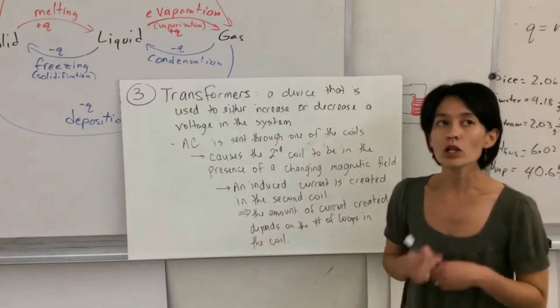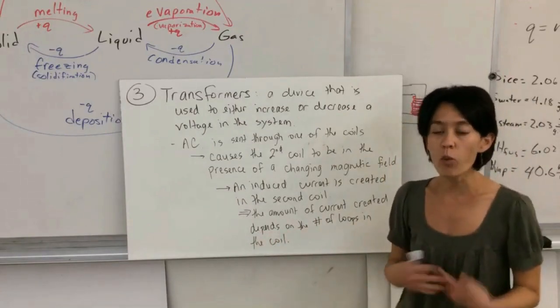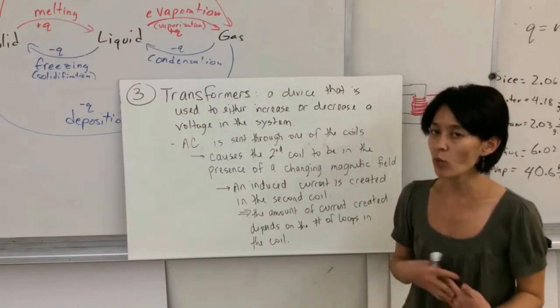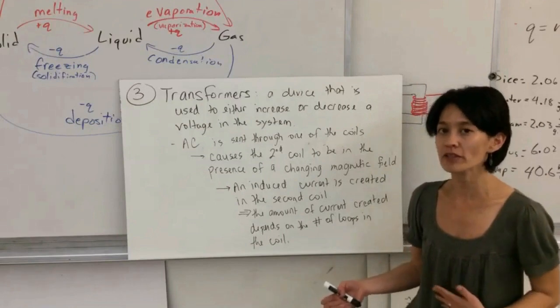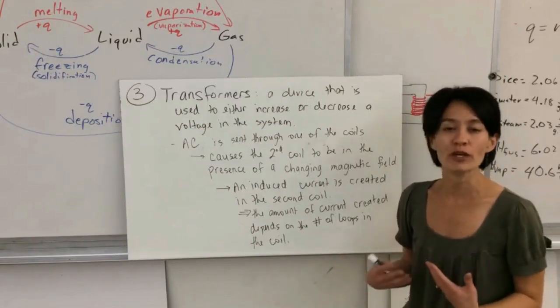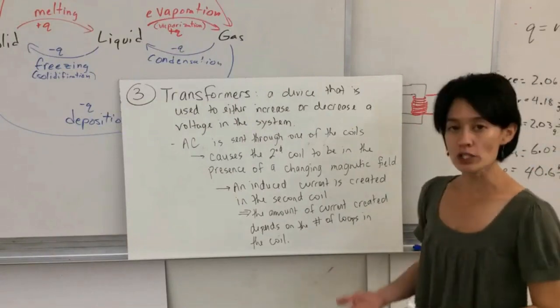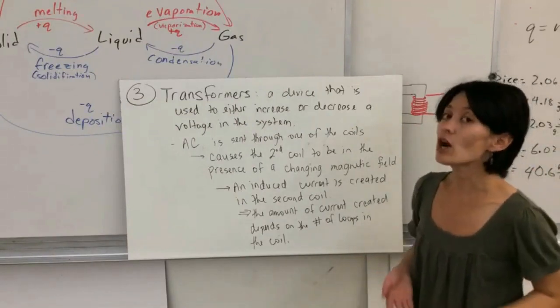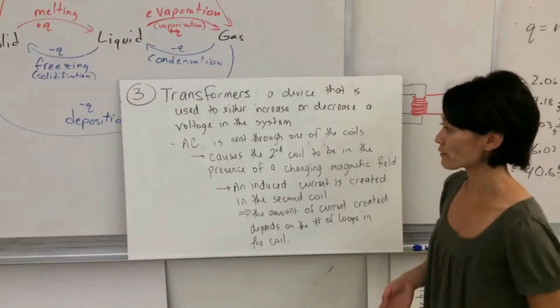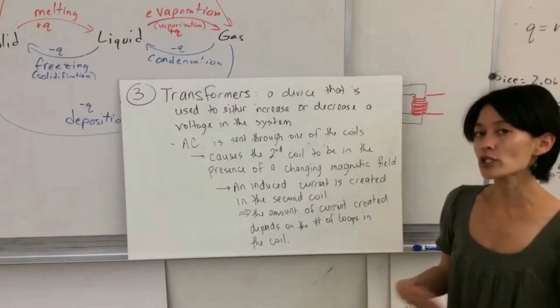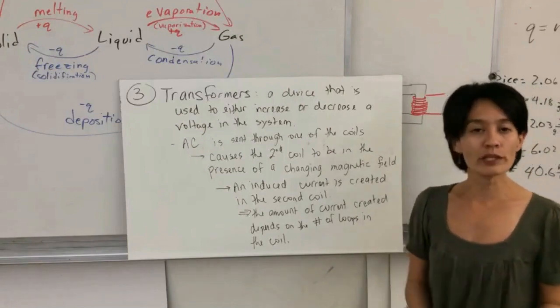If I have more loops in my coil, it means I have more wire that's being exposed to the changing magnetic field. And if I have more wire being exposed to the changing magnetic field, I should have more charges being affected. Okay? So we're going to see that the equations for transformers definitely depend on the number of loops that we have.